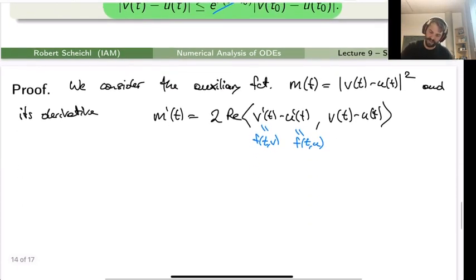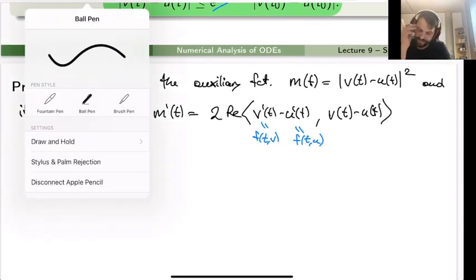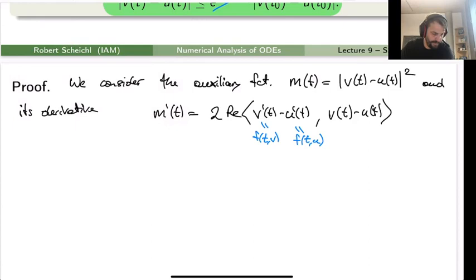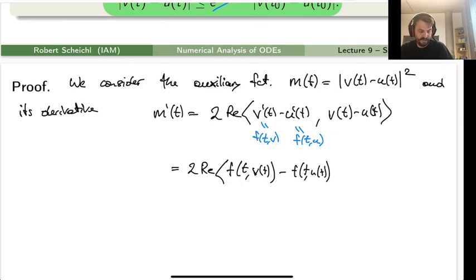So here we can just apply this with the argument being v and u. First of all, this is equal to 2 times the real part of f(t,v(t)) minus f(t,u(t)) inner product with v(t) minus u(t).